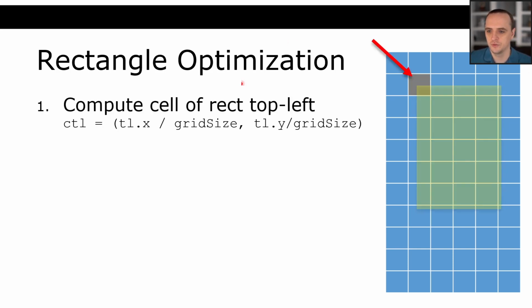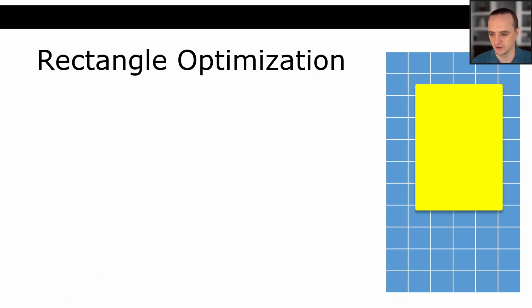First, we're going to compute the cell, the XY location of the cell, of the top left corner of the rectangle. So if we are given this rectangle here, there are many ways that you can represent a rectangle.